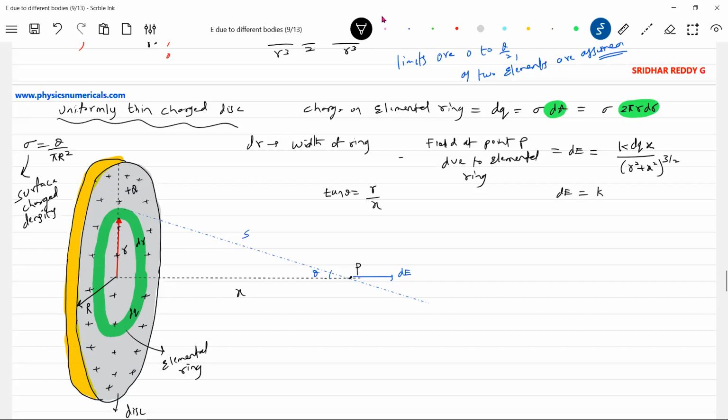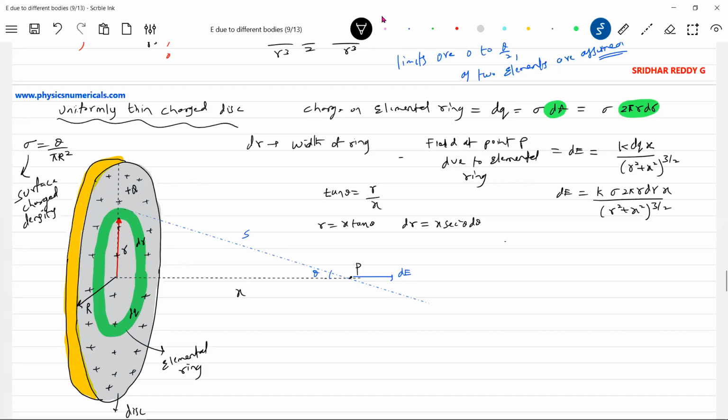Fine. So let's get into the simplification part. dE equal to K. What is dq? Sigma 2 pi R dr into x. Take help of this substitution, R equal to x tan theta. Dr is needed. Dr should be replaced: dr is equal to x secant square theta d theta.